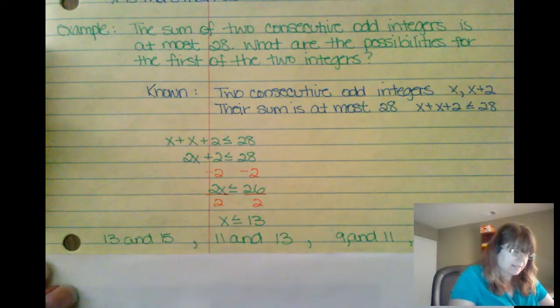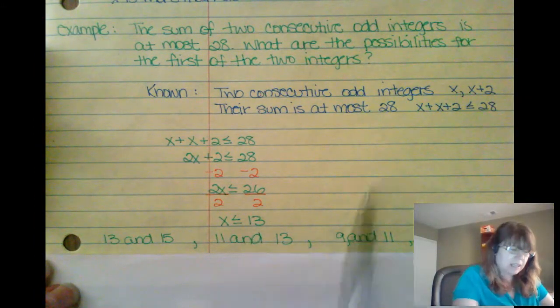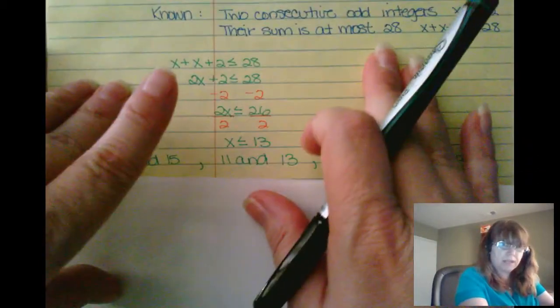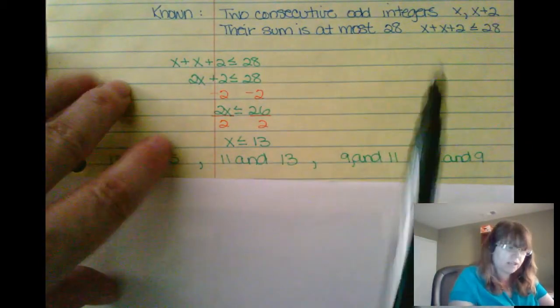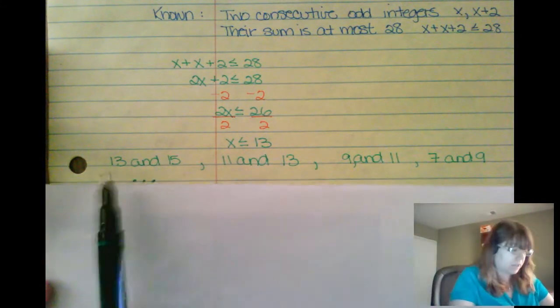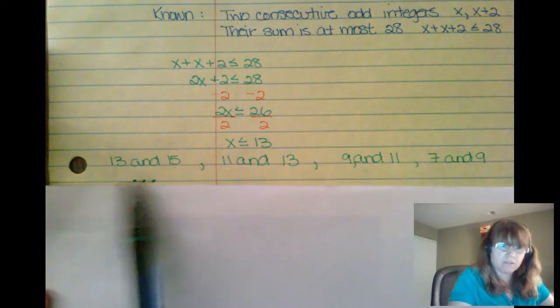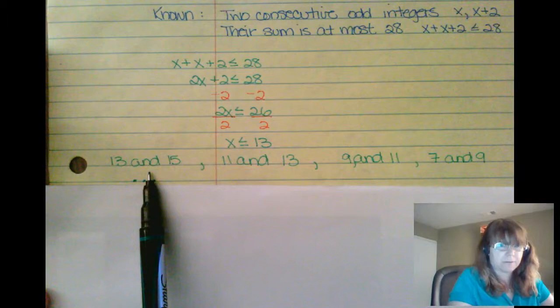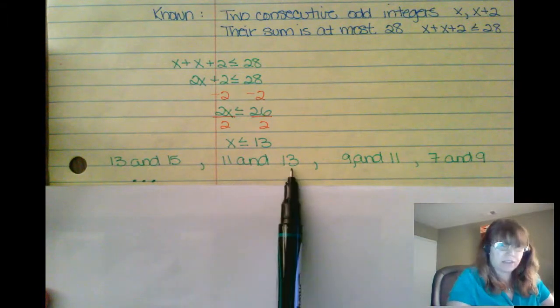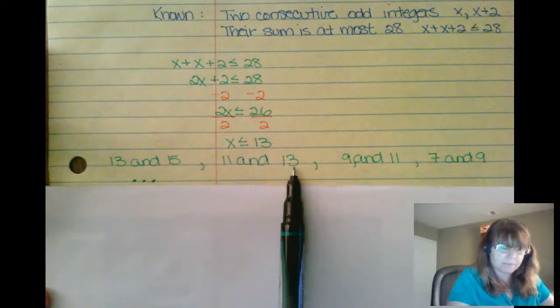So if x is less than or equal to 13, then think about what the numbers could be. Remember, they're consecutive odd integers and their sum is at most 28. So 13 and 15 could be a solution because 13 and 15 does add to 28. 11 and 13 can be a solution because if you add them, the sum is 24 and that is less than 28, and they are consecutive odd integers.